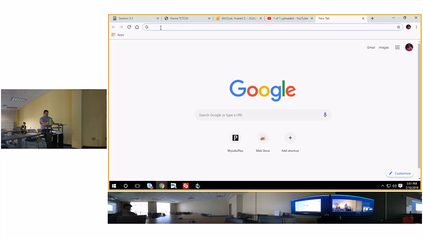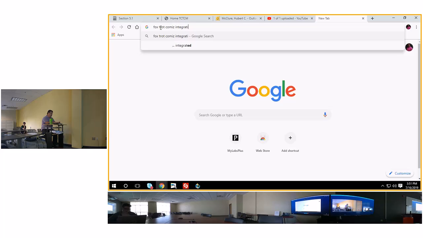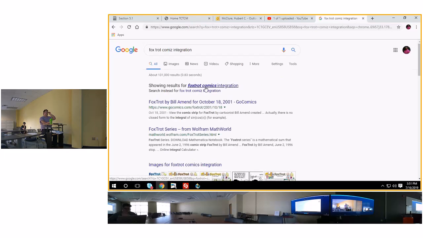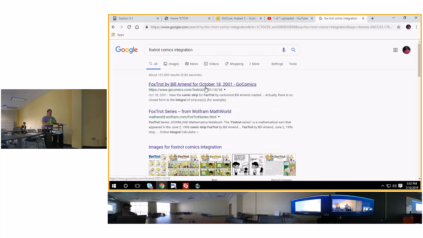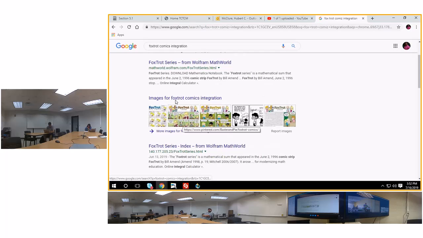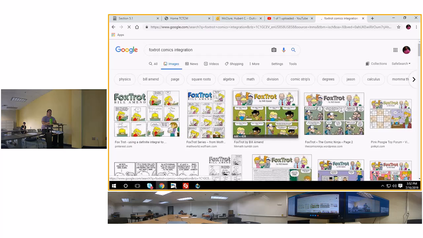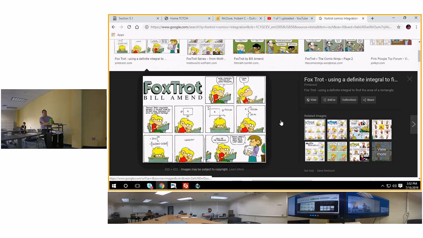The Foxtrot comic, on integration. Well, let me go to the images. There it is. All right, I'm going to blow it up where y'all can read it.